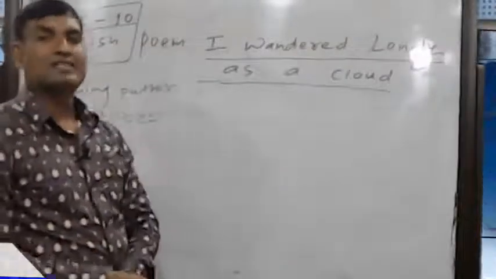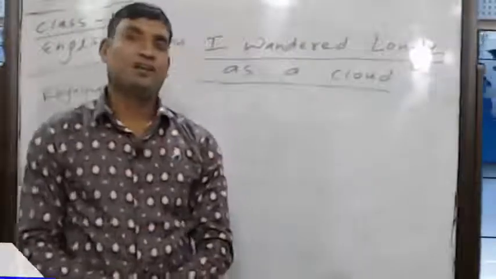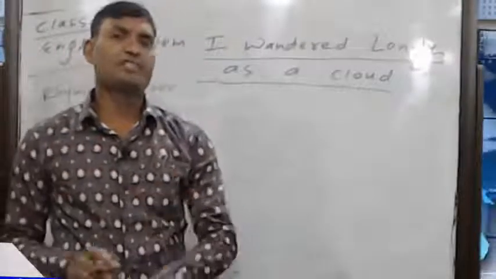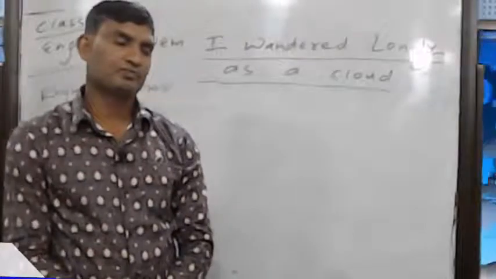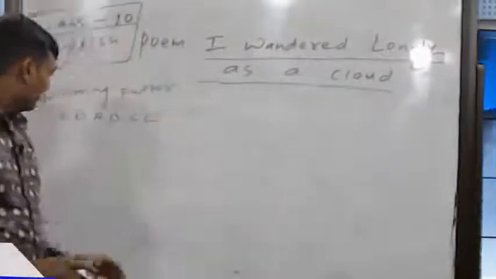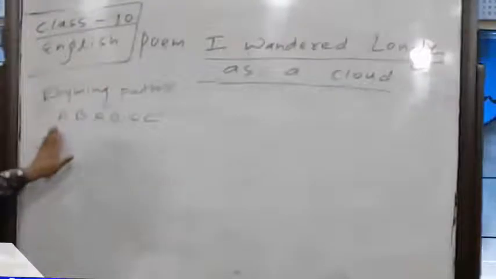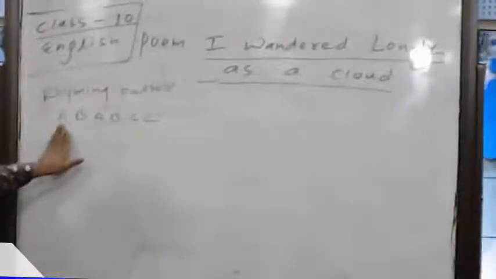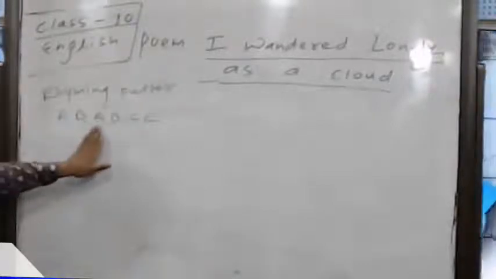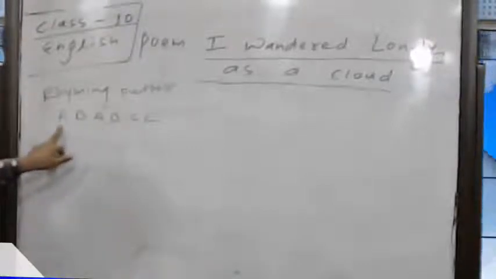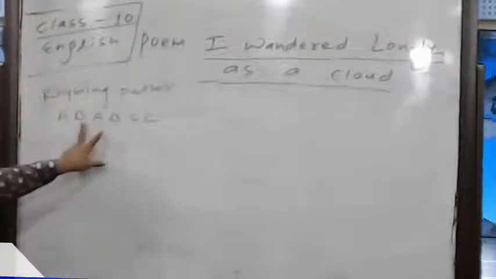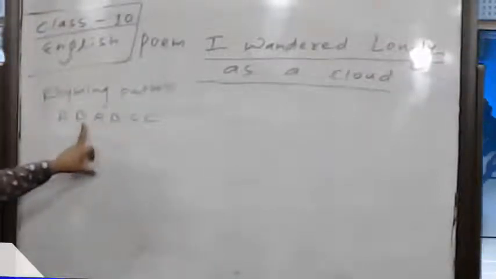All the stanzas have 6 lines. The pattern is A, B, A, B, then CC. The last words of the first and third lines rhyme, and the last words of the second and fourth lines rhyme, meaning they have a similar sound pattern.